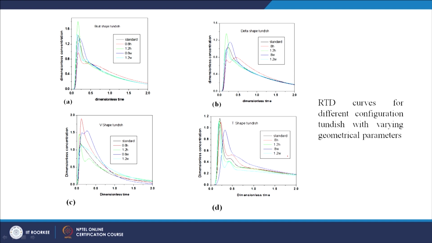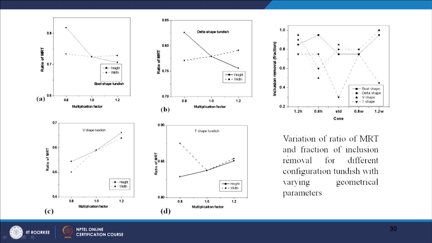We also did the inclusion behavior, and what was seen was for the boat shape, delta shape, V shape and T shape. The maximum inclusion removal was with the boat shape, that is with this rectangular shaped line, and no, this is not that.